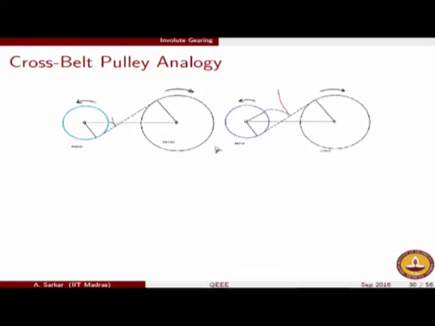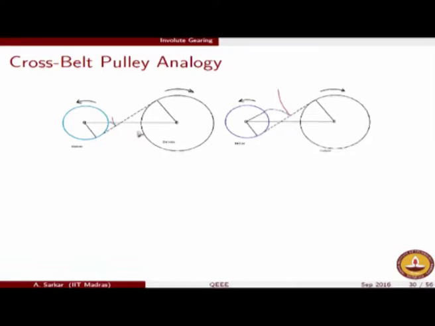In other words, if we make gear tooth profiles in the form of involute, then we are hoping that the constant velocity ratio criteria will be maintained, which means that the fundamental law of gearing will be satisfied. Now we are going to prove this with a very intuitive idea, which is called the cross belt pulley analogy. Here is how it goes.